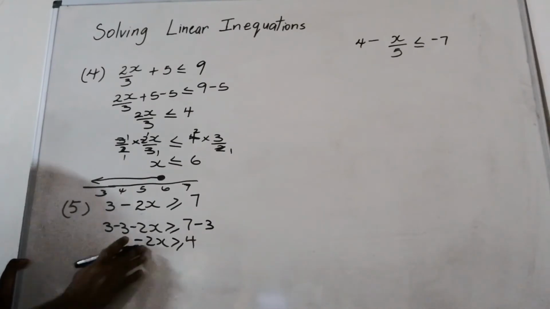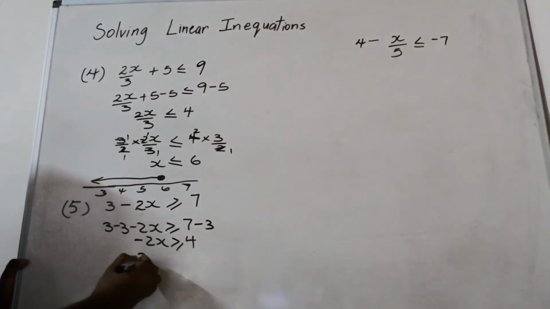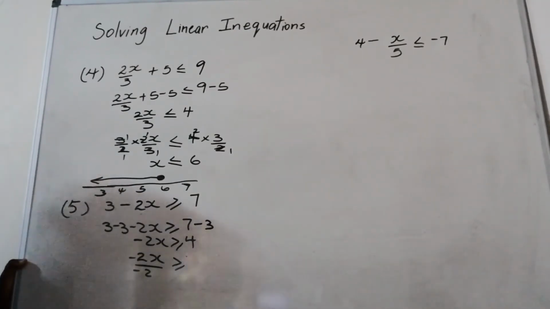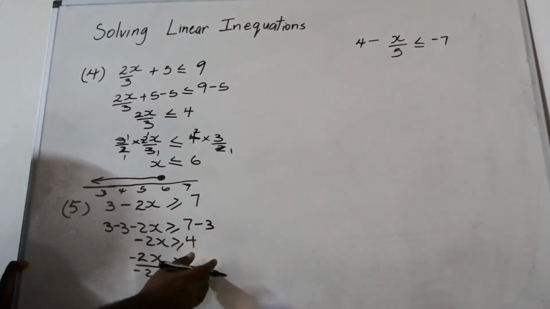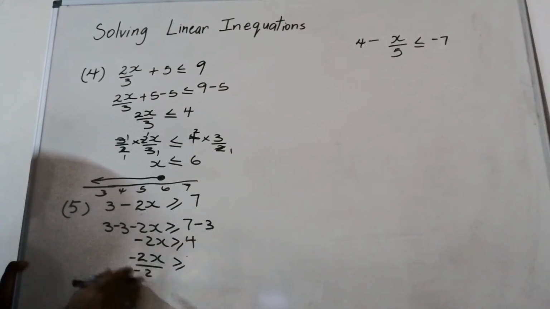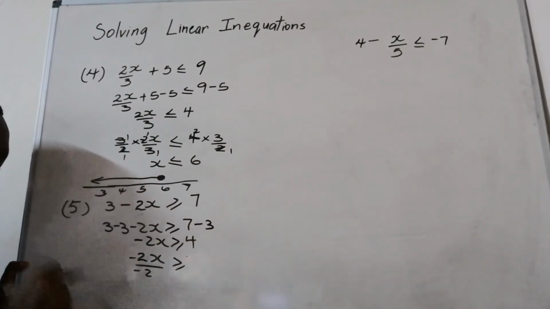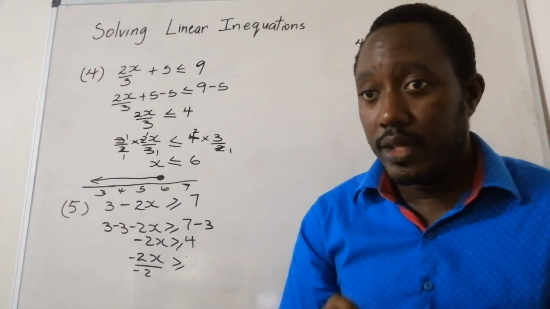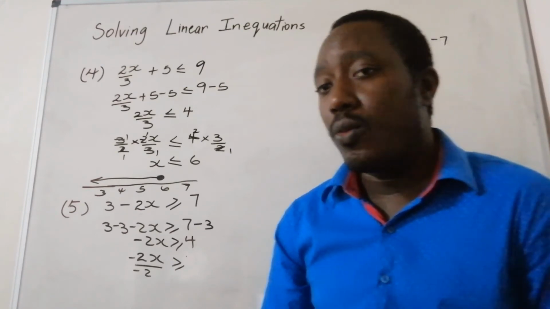Now, we need to get rid of our negative here, negative 2. So we divide by negative 2. Negative 2x over negative 2 is more than or equal to, now, when we have to divide or multiply, if we are getting rid of our coefficient by multiplying or dividing by a negative number, what happens?